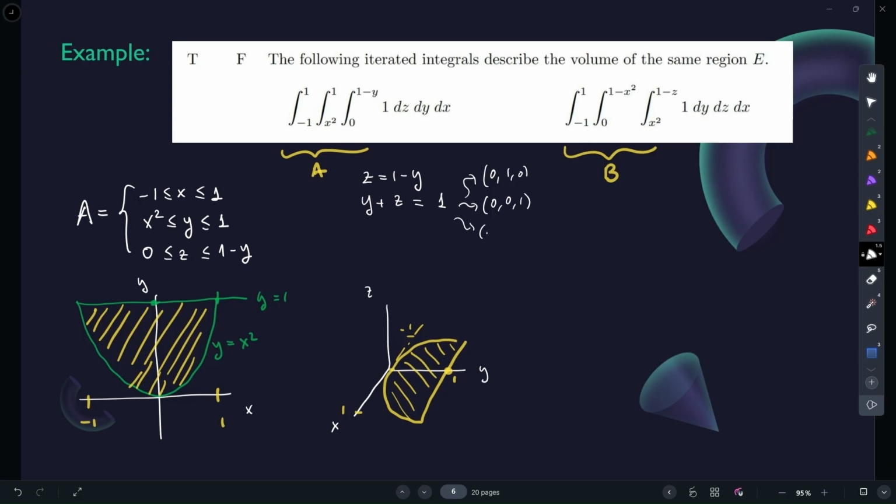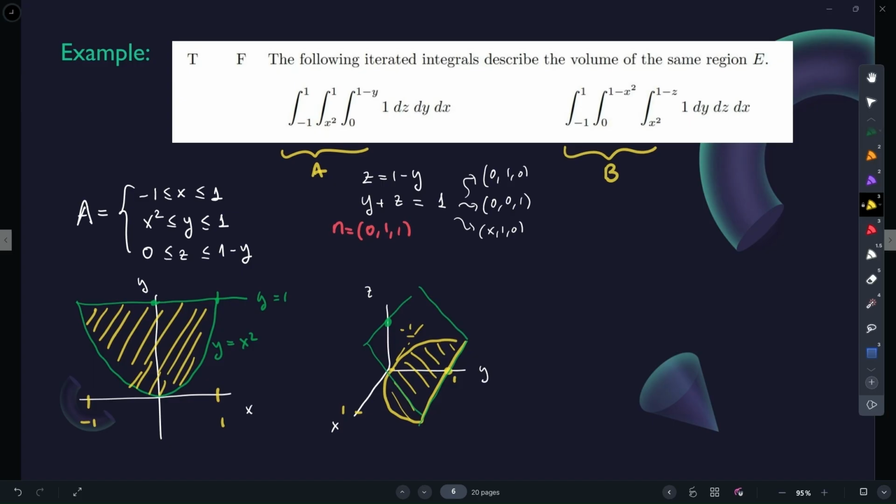So every (x, 1, 0) is in that plane. The normal vector, if that helps, is the vector (0, 1, 1). That is enough information to say that the plane contains this entire line. It goes through the point (0, 0, 1), so it is this plane right here.